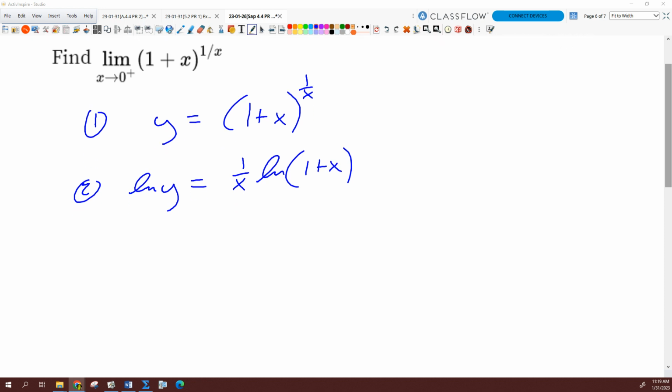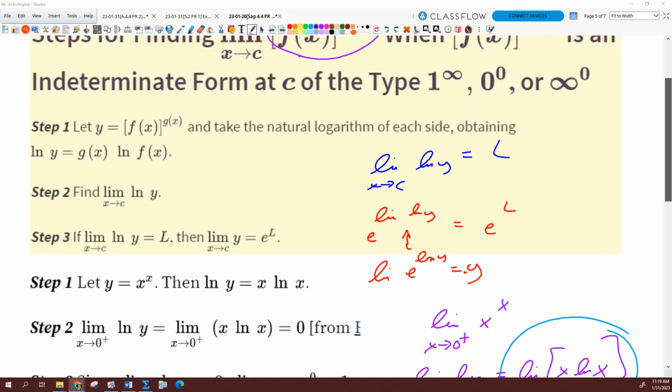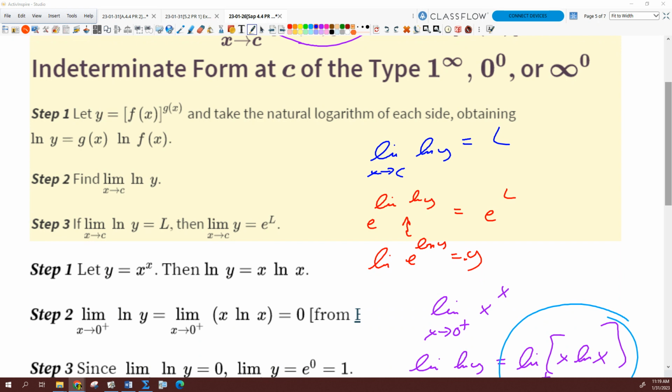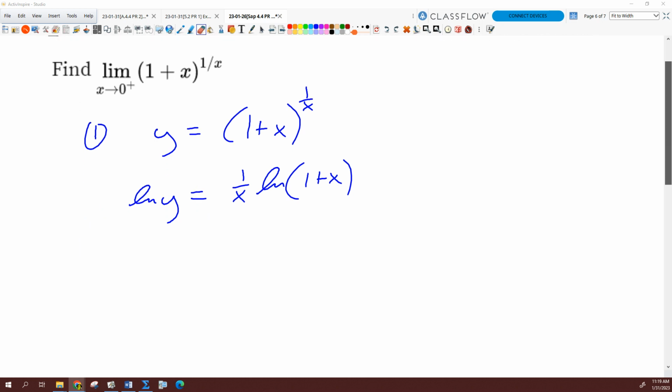Okay, now what form does that have if we were going to take the limit here? So look what we did. We got to here. Step 1, we logged both sides. Now we're going to take the limit, right, as x approaches 0 plus in our case. I guess they call this all step 1. We'll follow that recipe, that's fine.